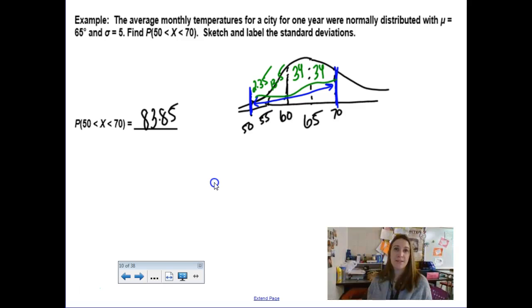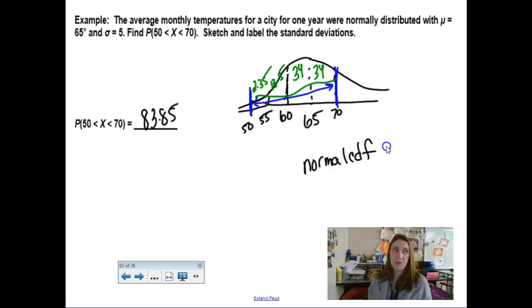Those of us who have some stats knowledge, I'm going to go over what we do on our calculator, and those of you who have no stats knowledge, you're just going to jot down some things for me, okay? We could also find the area under the curve between these 2 points using what's called a normal distribution. Normal, but this time we're going to use CDF because it's going to be an accumulation of probabilities between 2 values.